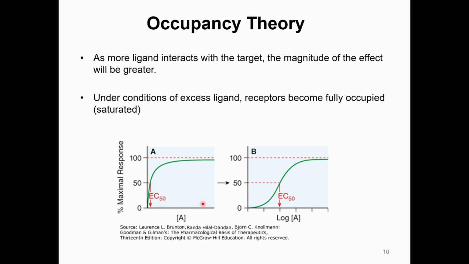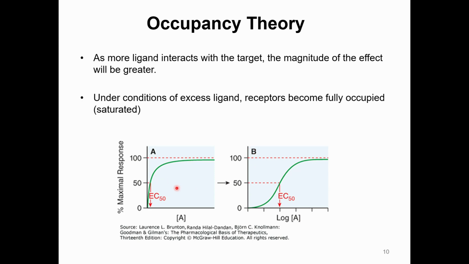So this is increases in concentration on a linear axis here, and response is linear as well. We can actually convert this graph into a semi-log presentation, and that means that we've converted all the concentrations into the log of the concentrations on the x-axis. But the y-axis is not transformed. That's just plain old numbers, okay?